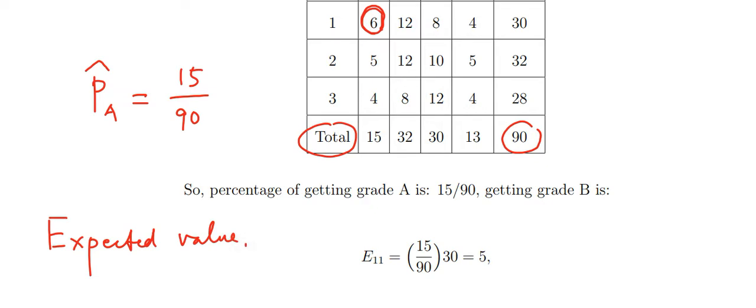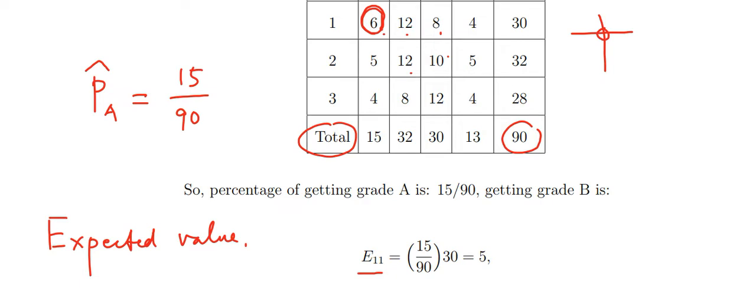Okay. So we have many expected values. In each cell we can find an expected value. The expected value in this position we denote as E11, meaning class 1 and category 1, right? So this number is E11.